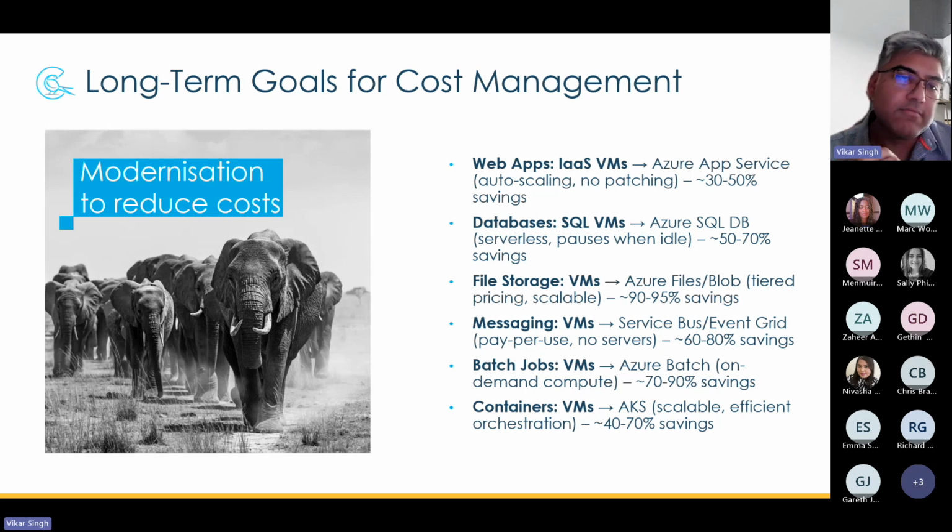And again, just to touch on this, while these savings are great, we need to understand that there are some upfront costs. There's a lot of effort for migrations, and upskilling may be required for our teams, and we just need to work out if it makes sense for you and your business in the long term.